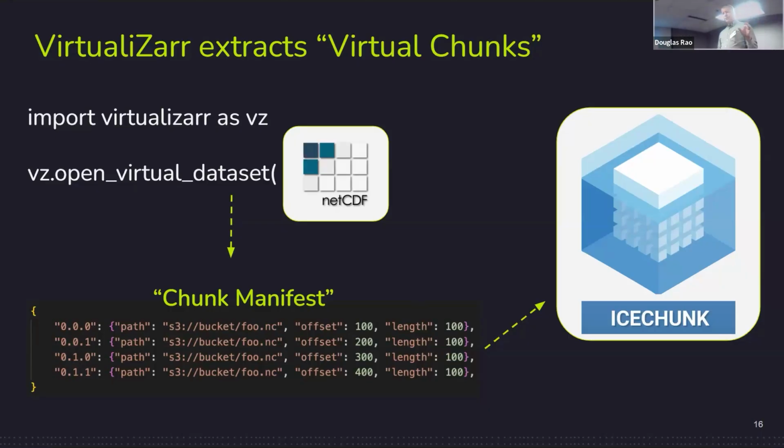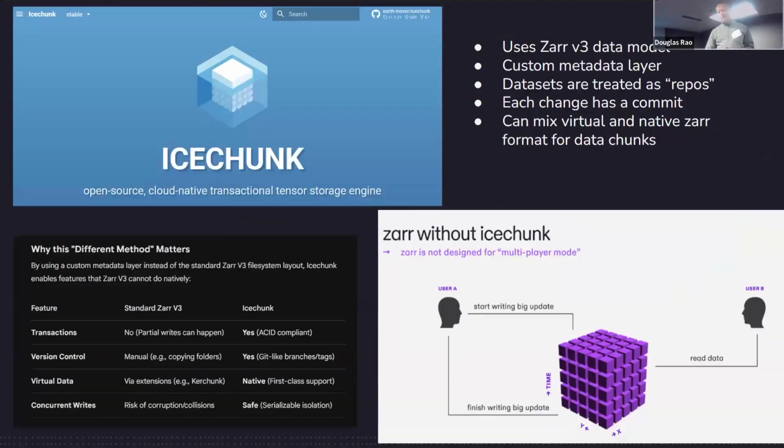The other nice thing about VirtualiZarr is that you can write to Icechunk, and we have a slide next about Icechunk. Instead of just storing these references as a JSON file or a Parquet file, Icechunk is something that Earthmover developed, where a lot of the brain power in the Pangeo project ended up.